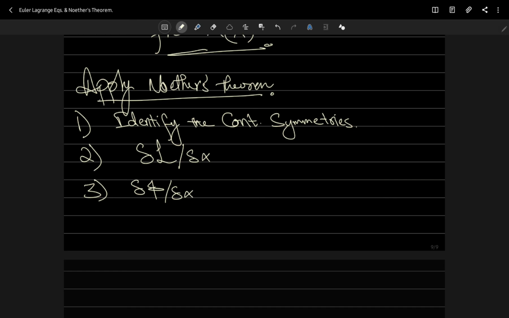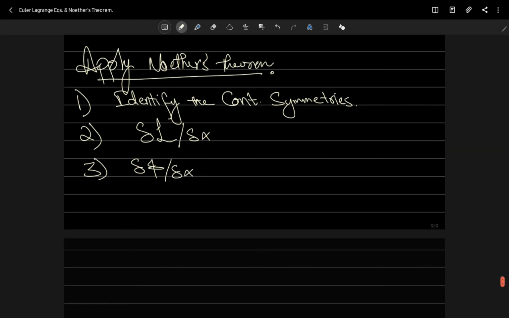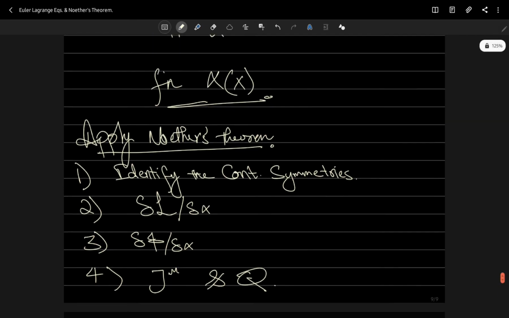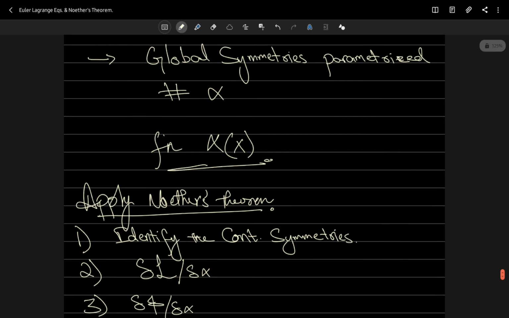So it's like this. And once we are done with all of these, the final step is that we work out the conserved current and the conserved charges. And that's exactly what we did after we derived Noether's theorem.